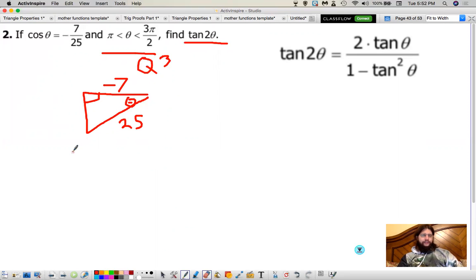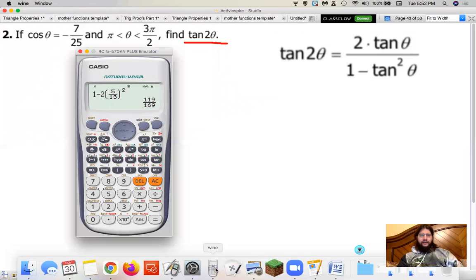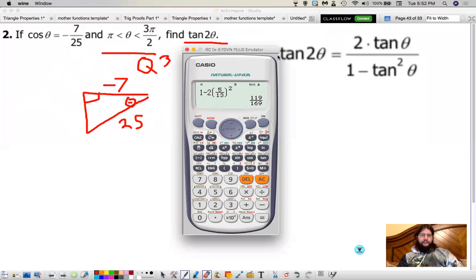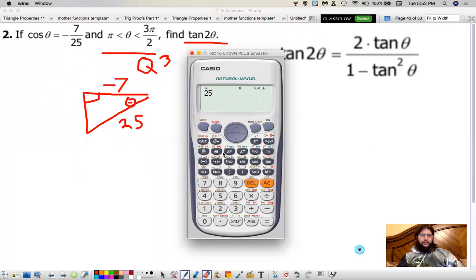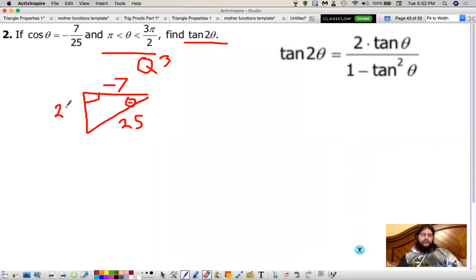Let's find out. Use the calculator: 25 squared minus 7 squared. So it's 576. Square root of that is 24. So there's another Pythagorean triple for you. That's not one of the two most common ones, so I didn't recognize it, but it's there.